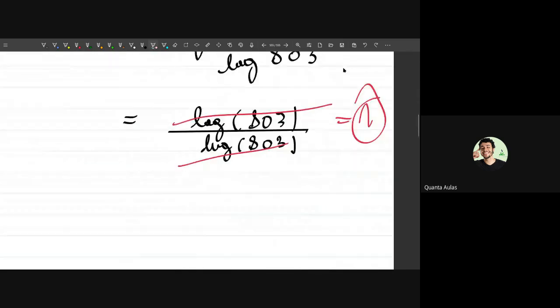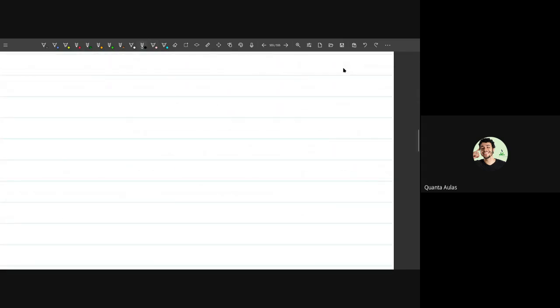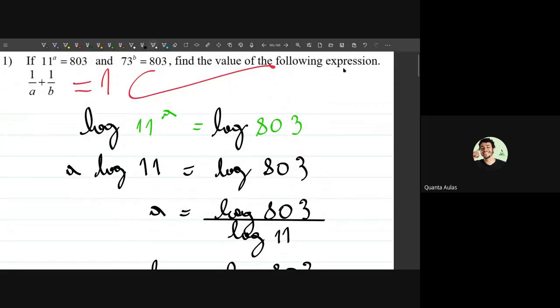You already learned something like this: 2 to the a is equal to 4. So a is 3, right? But sometimes we have situations when we don't have the relationship. For example, here we don't have a number to put in a. This number will be equal to 803. We don't know. So in that situation, we need to know the logarithm.